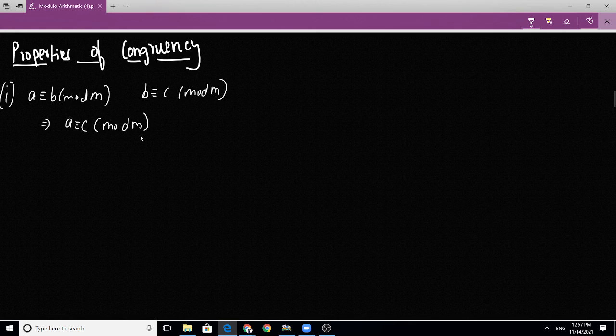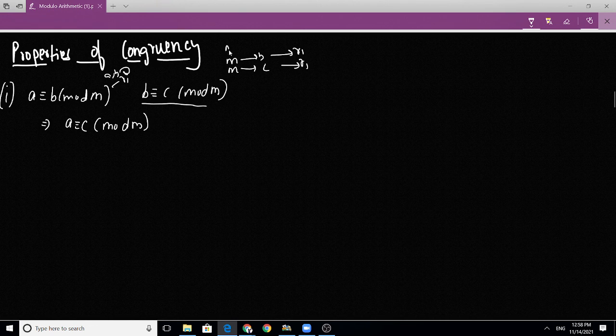So just remember that when M is dividing A, it leaves a remainder R1, and when M is dividing B, it leaves a remainder R1. So we say that the remainder here is R1 for A, B. Since they have given us that B is congruent to C mod M, when M is dividing C, it leaves the remainder R1.